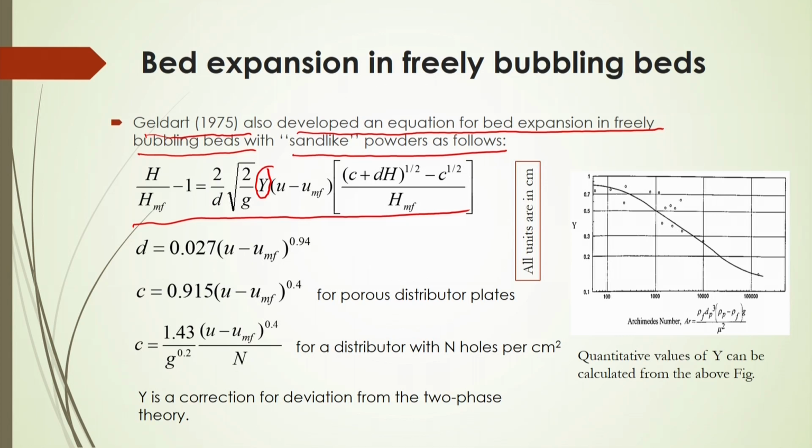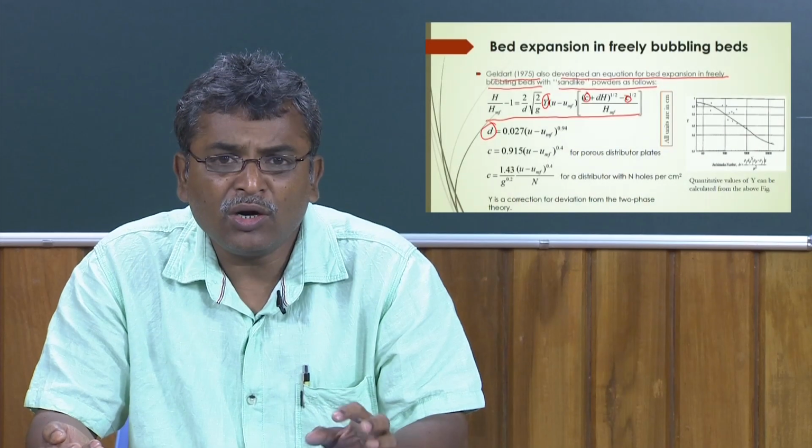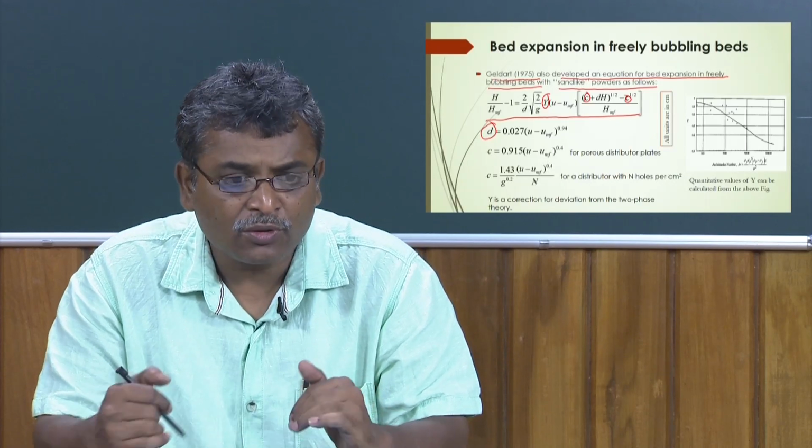So, here again an important parameter is called d, that depends on the minimum fluidization velocity and also on the effective gas velocity or fluid velocity inside the bed. And some other parameters here like C. This C will depend on how many holes you are maintaining in the distributor, that means the distributor holes.